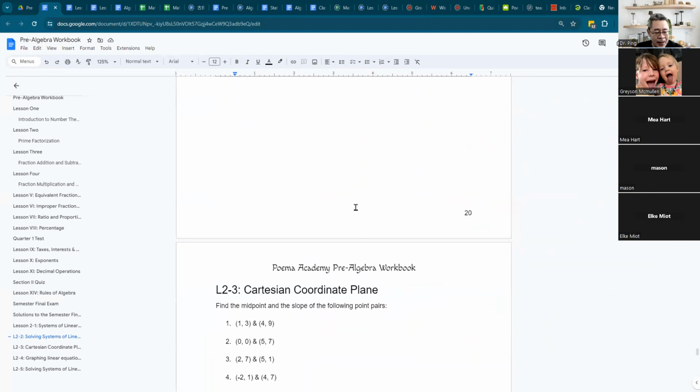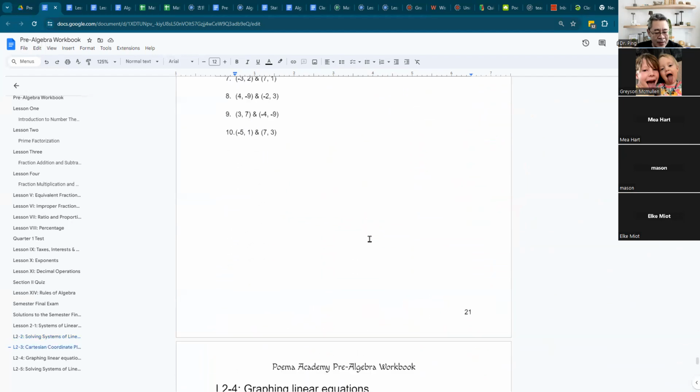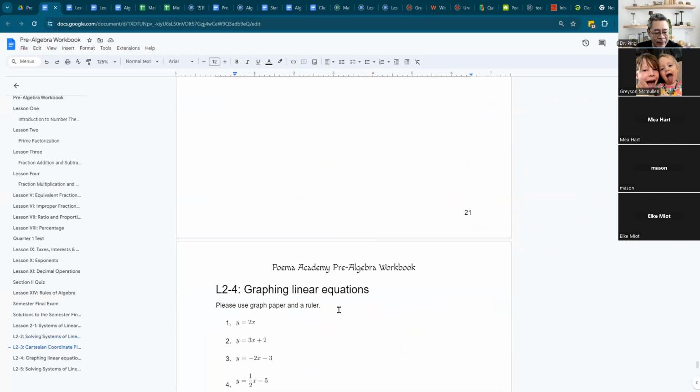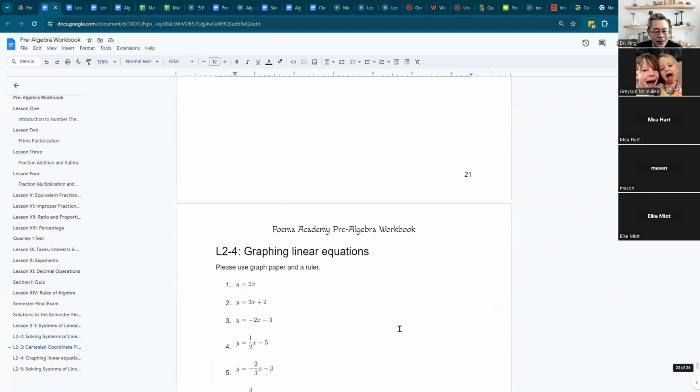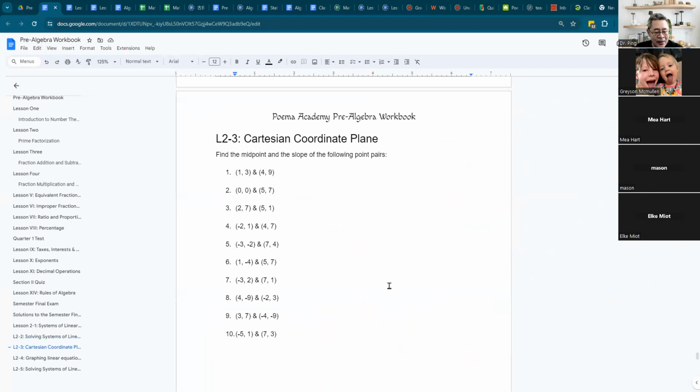So let's look at the XY coordinate plane. Then we're going to graph linear equations, and then we use graphing to solve systems of linear equations. So this one is to find the midpoint and slope.